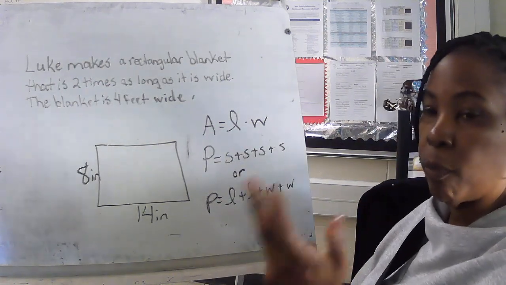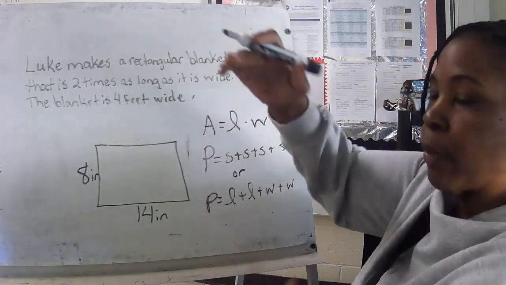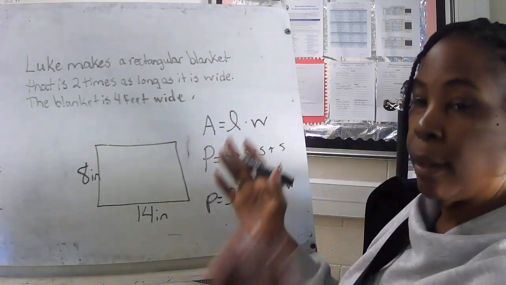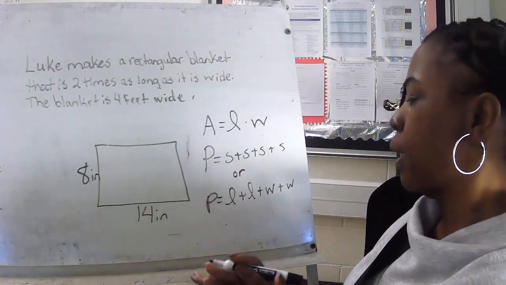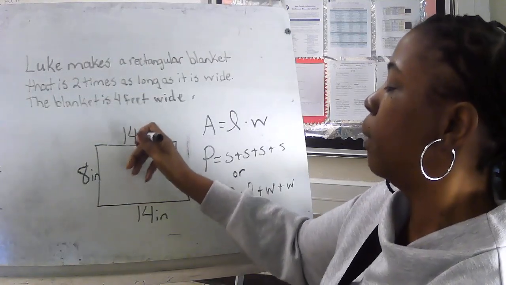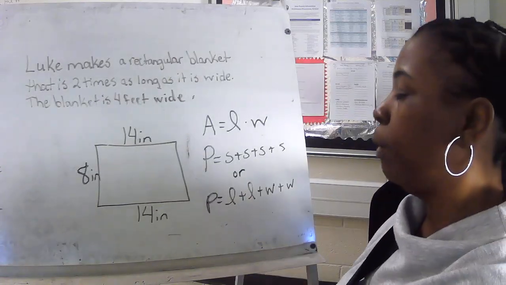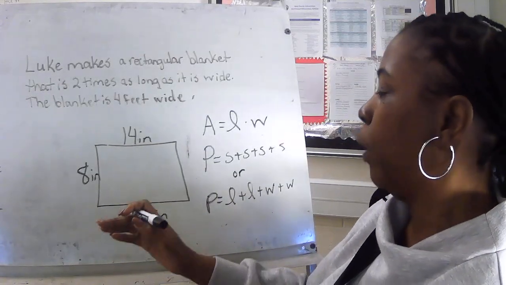First thing we want to do is find the perimeter, and we know by our formula that we're going to do the top and bottom, the long sides, and the 2 short sides. If the bottom is 14, the top is also 14, because on a rectangle, opposite sides are congruent. And we learned that congruent means same or equal.